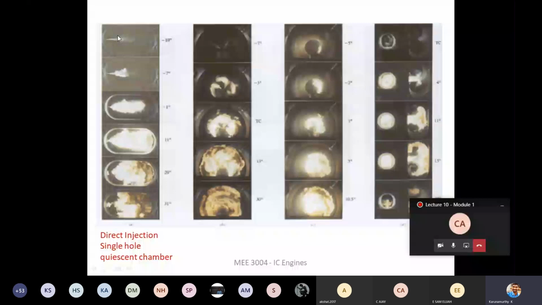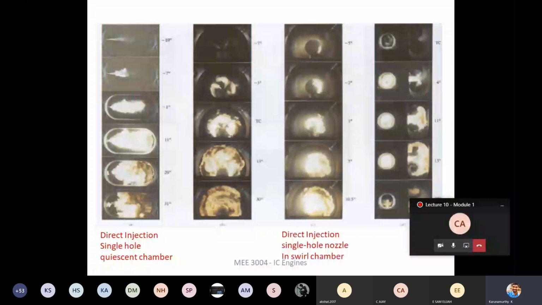This is a quiescent chamber; compressed air is there and there is no movement of the air. When it is sprayed, initially it is going to be like this. Then slowly you can see it getting diffused, and the diffusion is increasing, and here the combustion starts. The partial combustion. This is complete combustion. So this is for an engine with a single hole and no air motion.